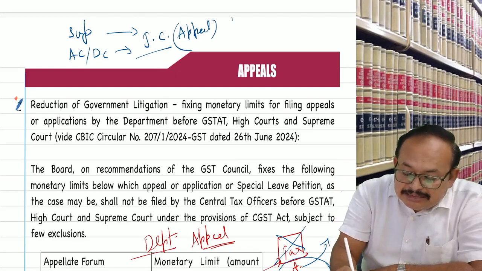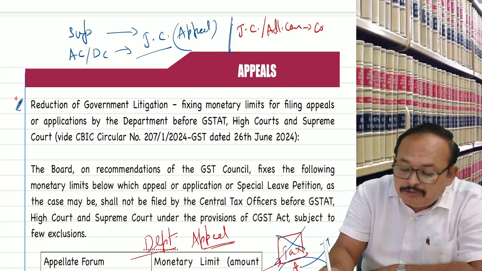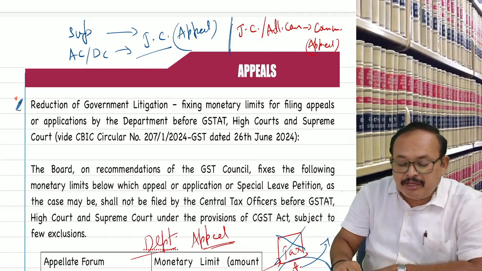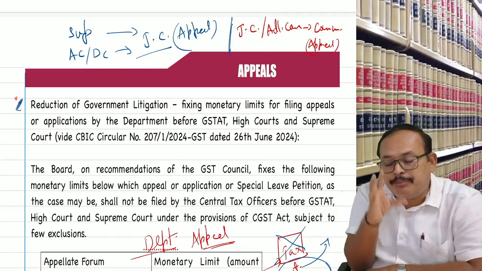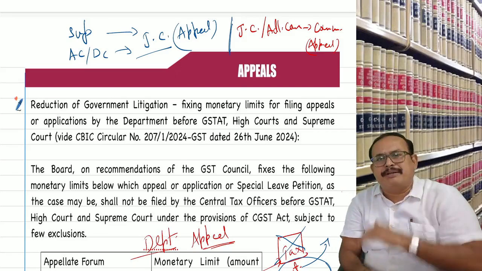Then, the second category: orders against the joint commissioner, where can you go? Only commissioner appeals.